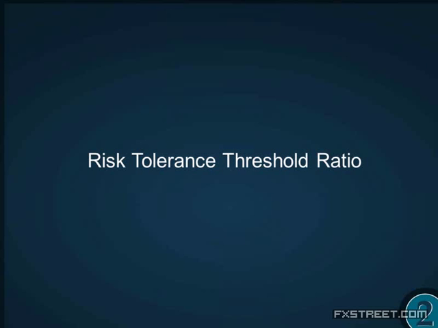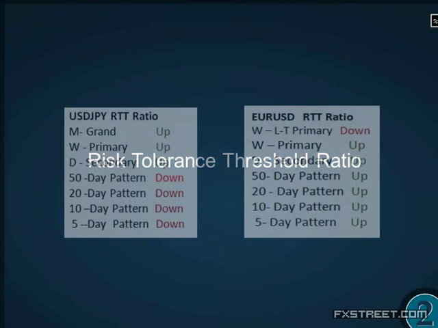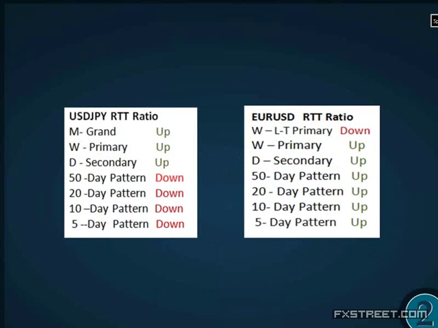We've defined a risk tolerance threshold level for you. We just showed you a risk tolerance threshold ratio. So you can take all those patterns in a market and you can build a ratio, okay? And when you have that ratio built, it's crystal clear to you which way you want to be trading, okay?